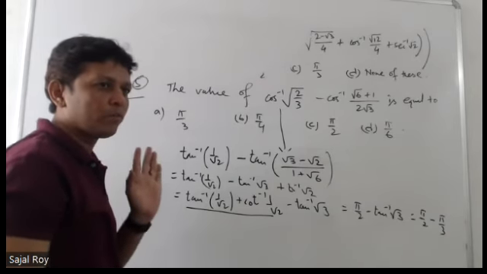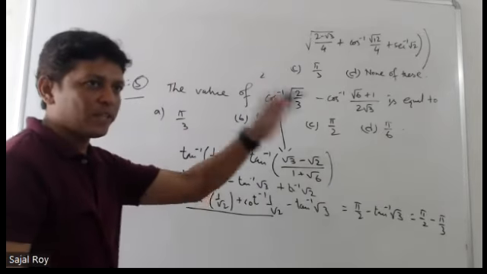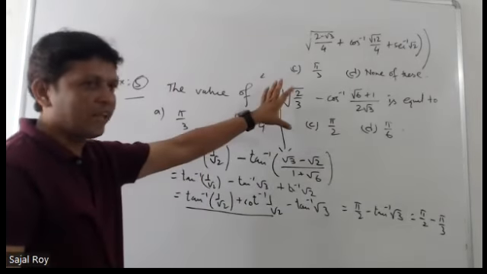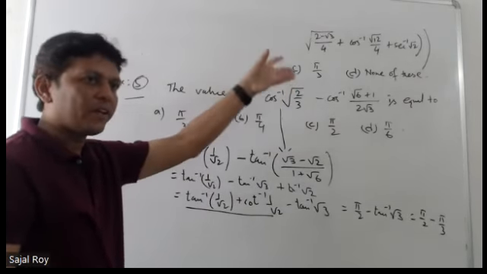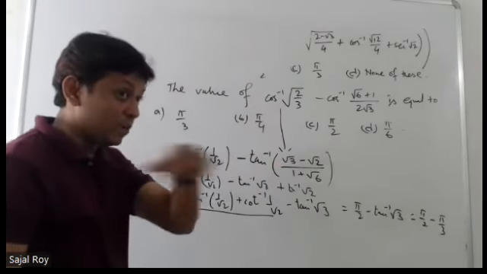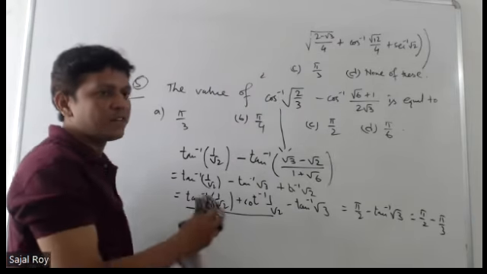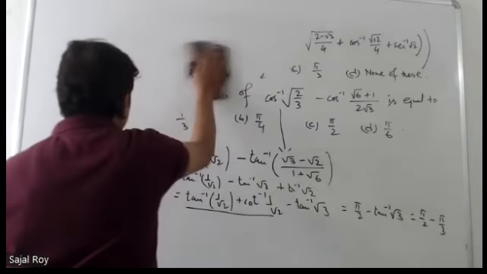You try at home, but it will take a few steps. My suggestion is whatever be the things, convert into tan, and try to remember the properties of tan inverse. Last one, tan inverse x plus tan inverse y, tan inverse x minus tan inverse y.